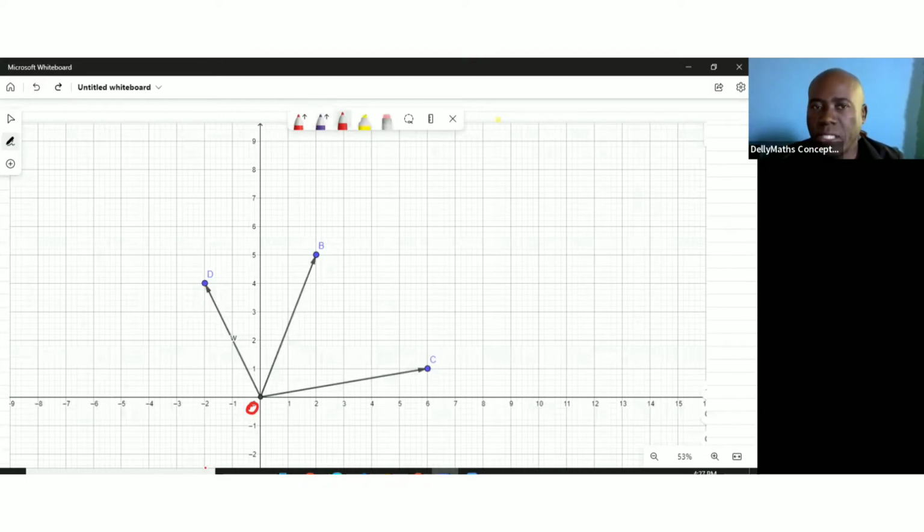In a position vector system, as you can see, if you look at the point D, the coordinate of the point D is (-2, 4).